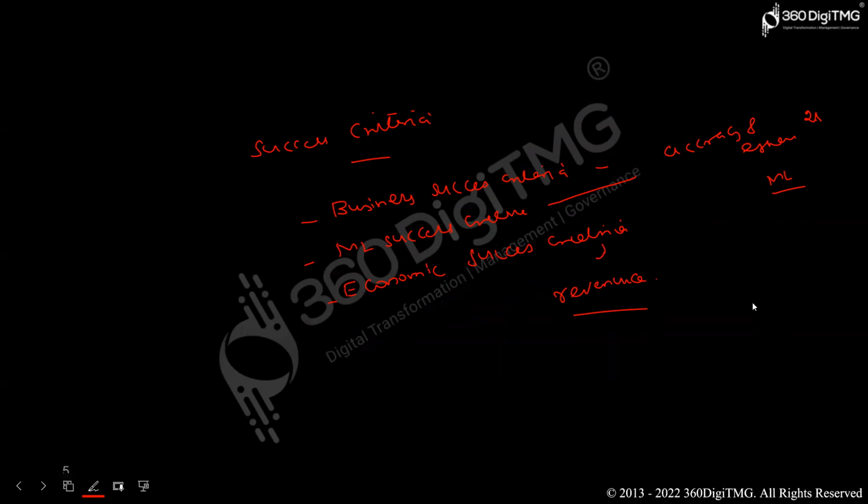So business success criteria is related to the objective of the business. ML success criteria is related to the model you are building. And economic success criteria is revenue related. Because of applying this model, how much amount do you bring in? So that we will talk about in success criteria.